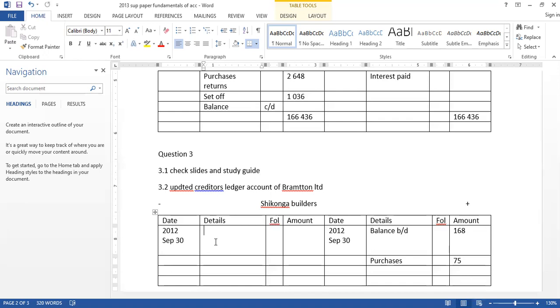So these are actually different things, different dates. So you have sales returns of 69, but in the creditors ledger account it is recorded as 96, and then in the supplier statement it is recorded as 69.